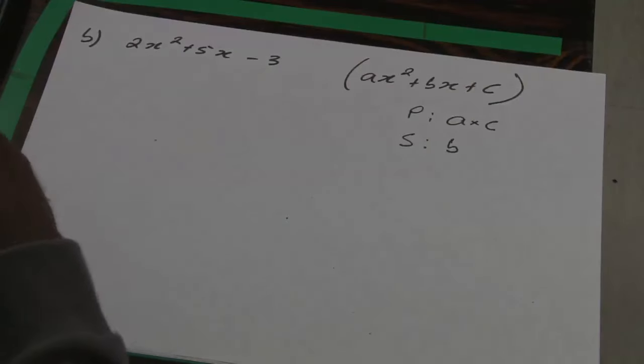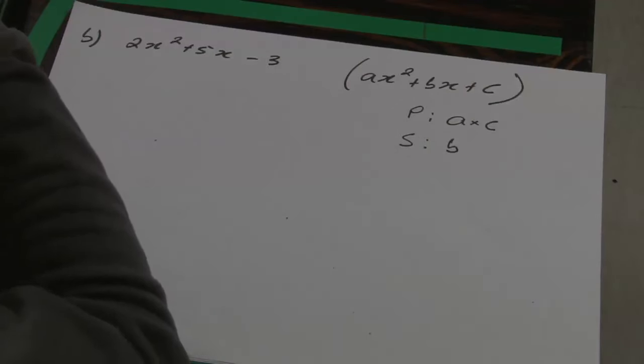Now, to begin factorizing this, I'm not saying we can do this for all quadratic expressions. Some quadratic expressions can be factorized, others cannot be factorized, they are already in their simplest form. It's the same as 6 can be factorized into 2 and 3, but 3 cannot be factored any further into a product of its prime factors, because 3 is a prime already. It's as simple as it can get.